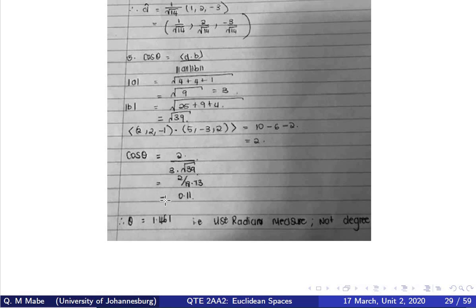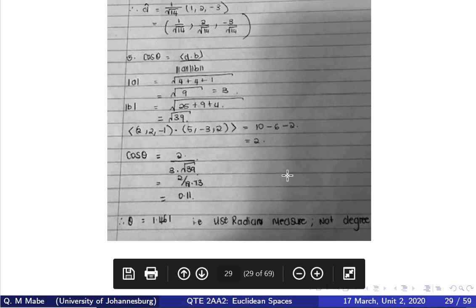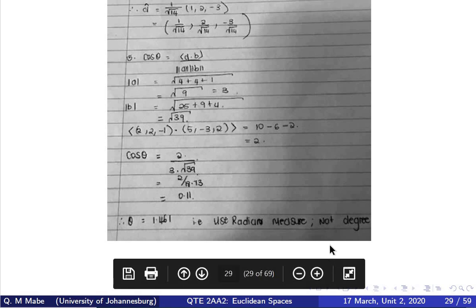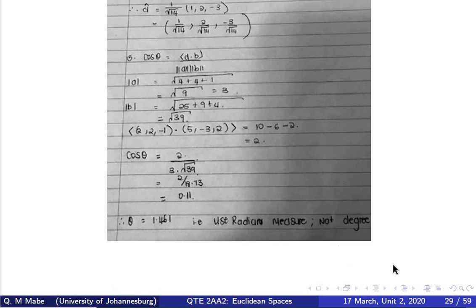I use second function cos of 0.11. I get theta is 1.461. You need to note at this point that my calculator is in radian measure. Just make sure that your calculator is in RAD, not DEG, because in this course we use radian measures, not degrees, to get our angles.